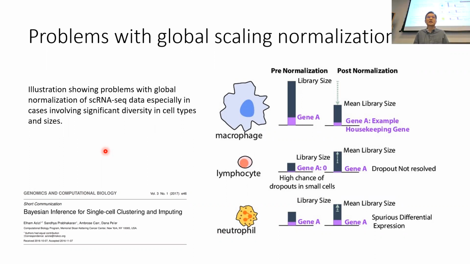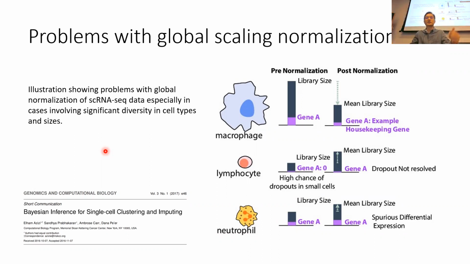But if you don't know that, you just treat the whole mixed population as one identity, and then you normalize using a single factor.